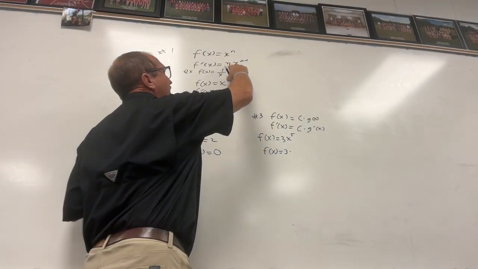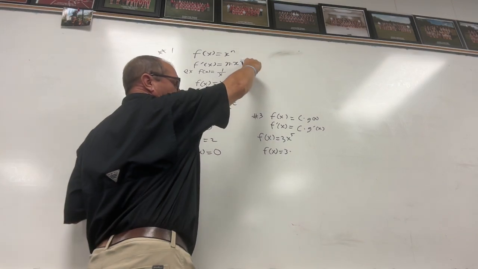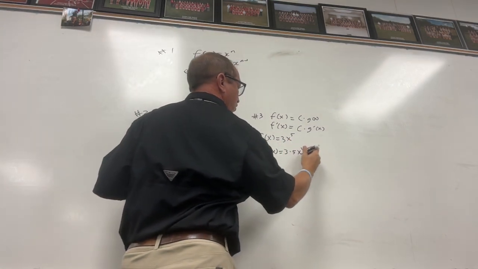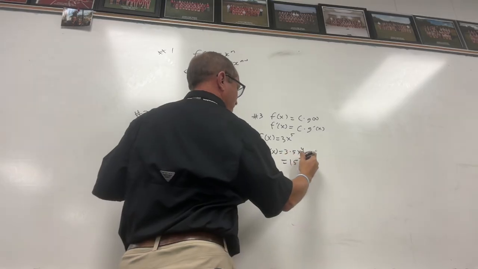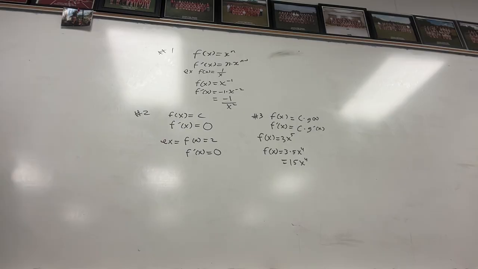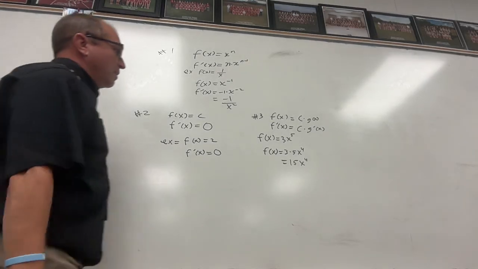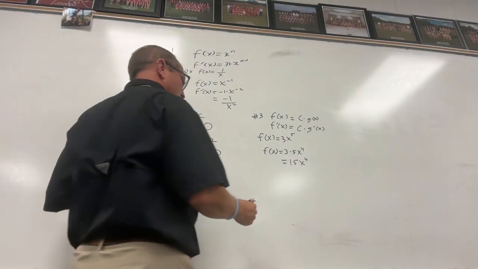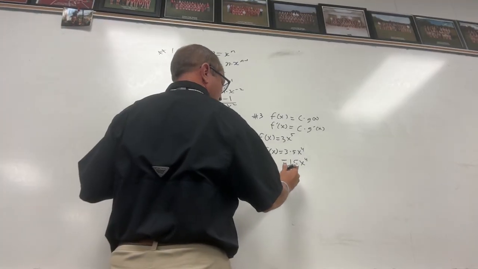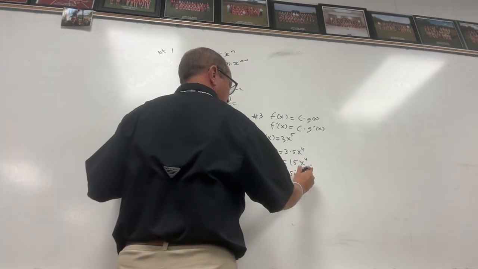Well, it becomes 5 times x to the 4th power. So it's 3 times 5 times x to the 4th power, which would be 15x to the 4th power. And there's a good chance that you would have known to do that without me even saying that, but it doesn't hurt to say. What about f of x equals 2 sine of x?